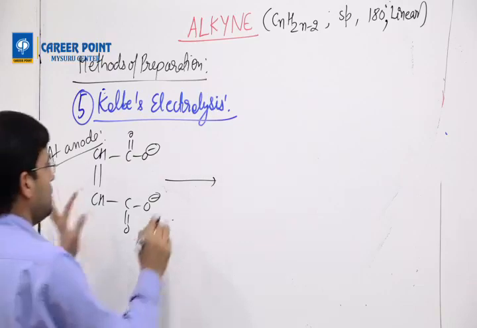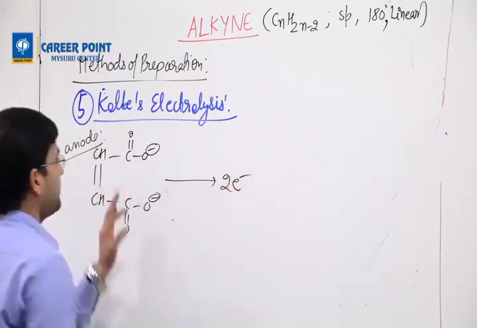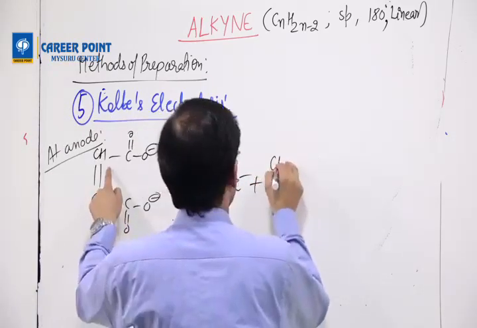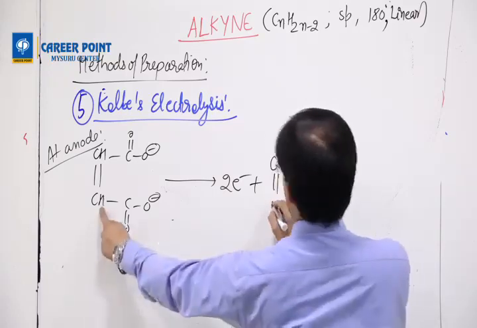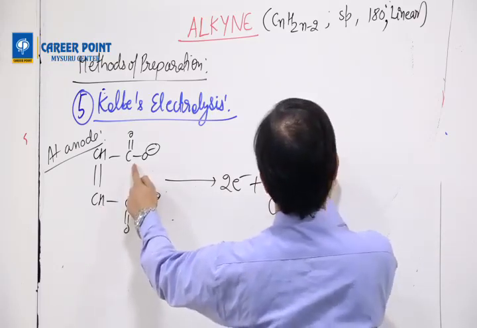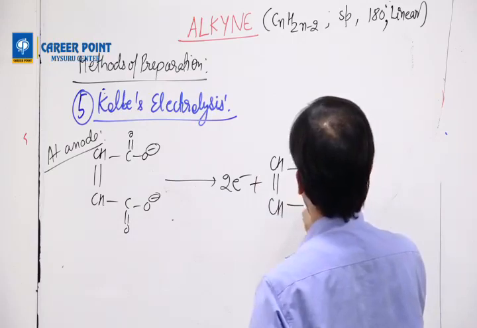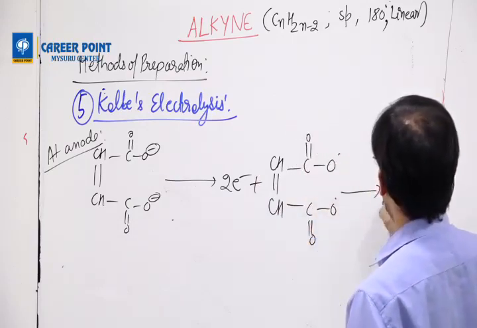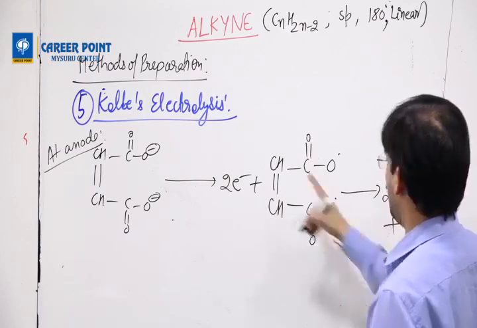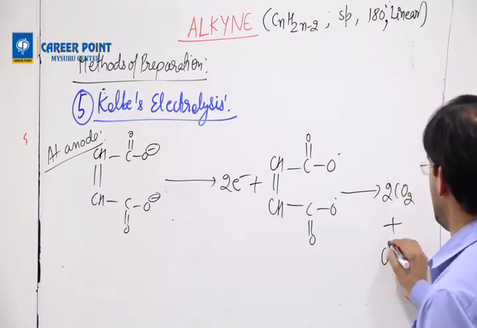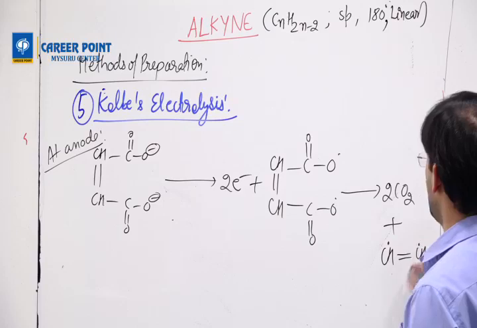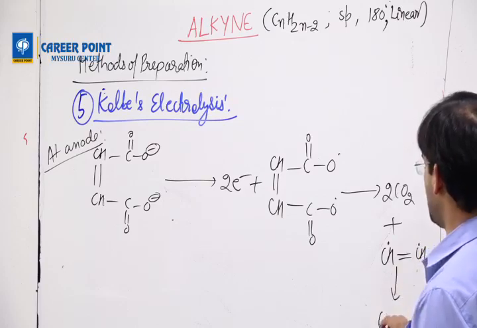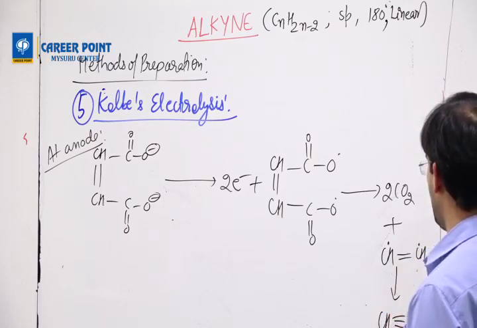At anode, this will lose 2 electrons. Then what I get is CH double bond CH with C double bond O dot on each side, which will release 2 moles of CO2 plus CH free radical double bond CH free radical. These 2 combine together to give you CH triple bond CH.